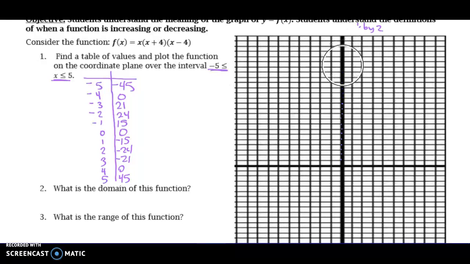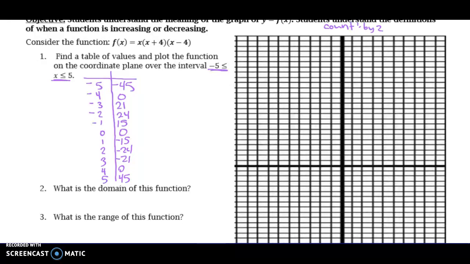For the horizontal, I only have to get from -5 to 5. There's plenty of space though, so we can either count by 1 or we could count by 1/2. I'll keep it simple and just count by 1.